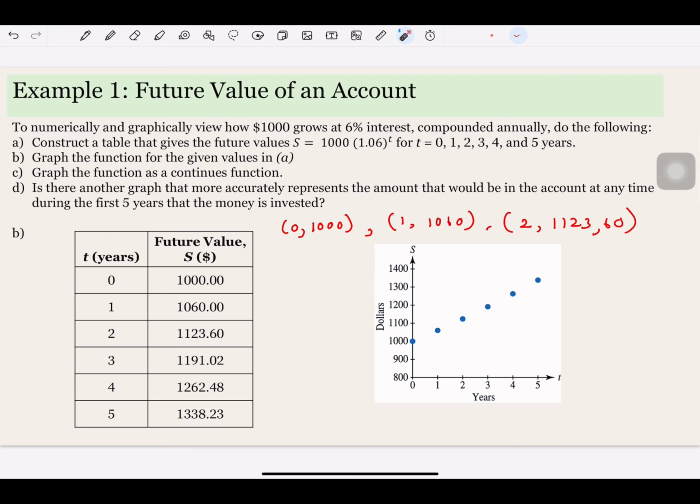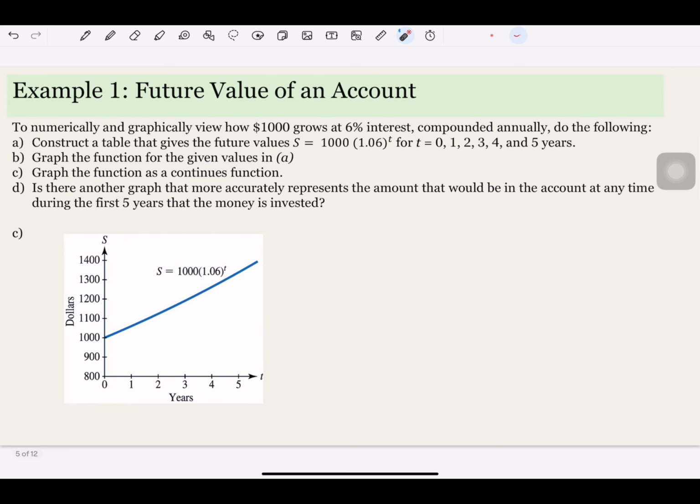Okay, let's move to the third part. In the third part, you have to graph the function as a continuous function. So instead of whole numbers, you graph the function S(t) equals 1,000 multiplied by 1.06 to the power t for the values of t from 0 to 5.